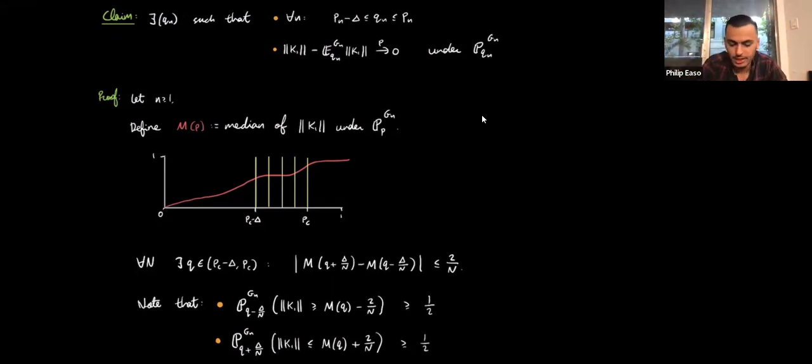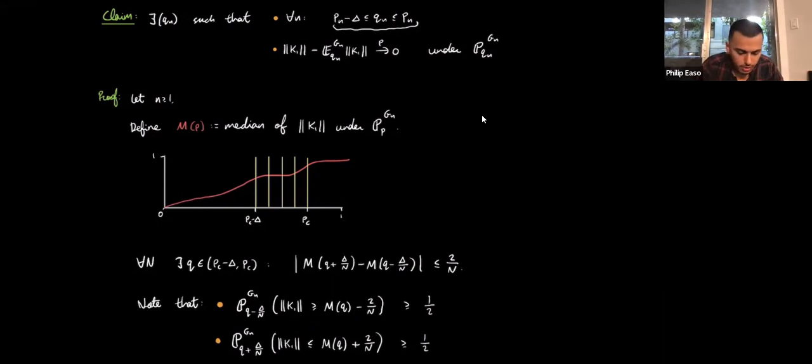So this claim is where we find that good sequence Qn. I claim that there's a sequence Qn that's always between Pn minus delta and Pn. Being at least Pn minus delta guarantees that Qn will be supercritical. That's the point of that one. And also it has the supercritical concentration property at that parameter: the density of the largest cluster at that parameter is concentrated around its mean.